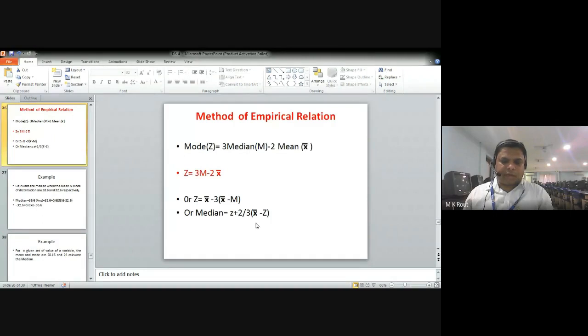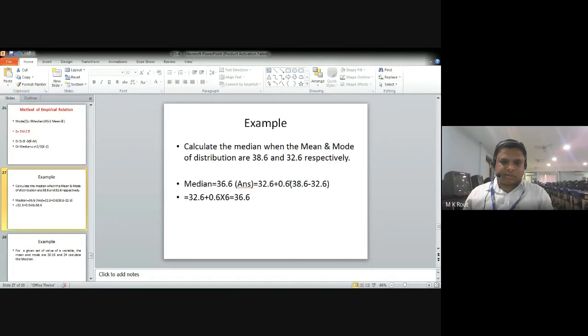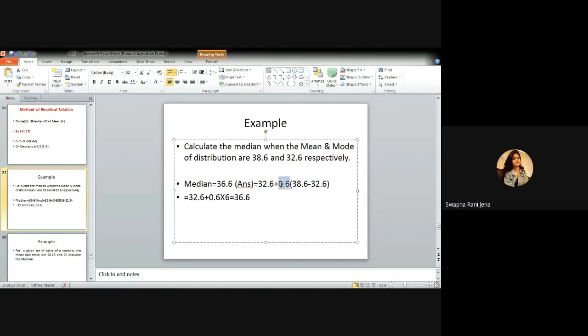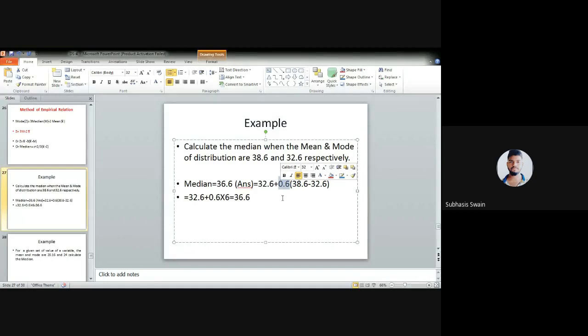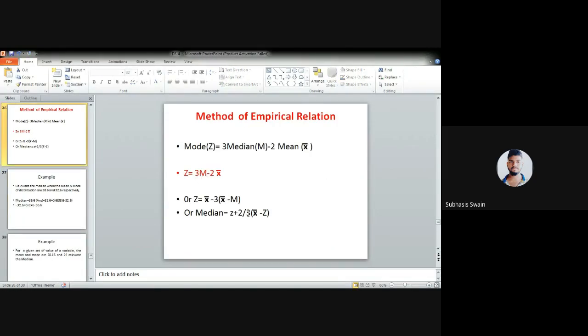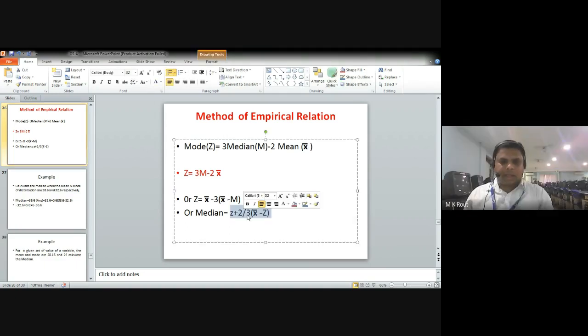If you simplify 2 by 3, what is your answer? 0.6. No, sir, he is saying that 2 whole by 3. Sir, formula is z plus 2 whole by 3 into x bar minus z.